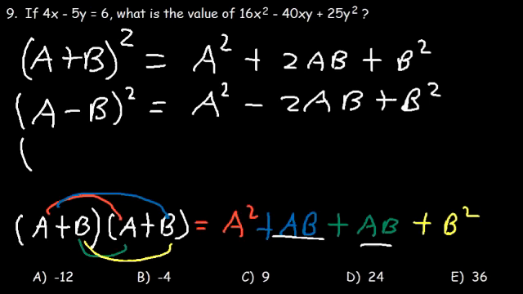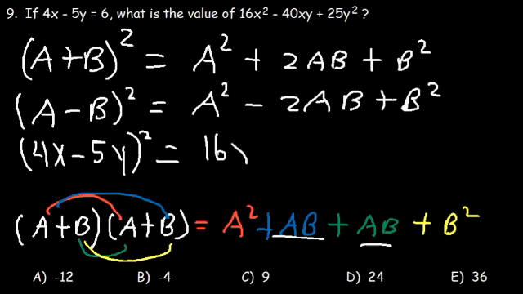So we can see that a is equivalent to 4x and b is equivalent to 5y. So if a is 4x, that means a squared is 4x times 4x, which is 16x squared. And if b is 5y, that means b squared is 5y times 5y, which is 25y squared.